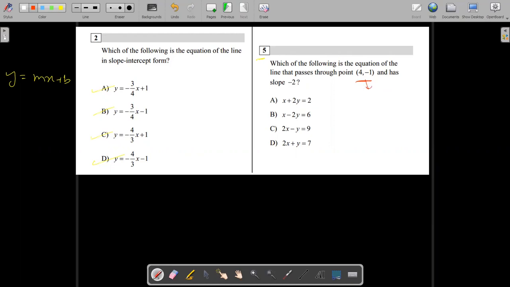That means there's a point and there's a slope given. So which form will we use? Point slope form. Very good. And point slope form is y minus y1 equals m times x minus x1.